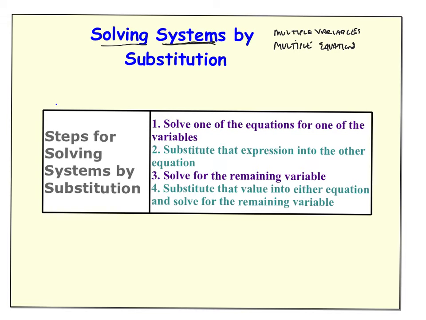These are your steps for solving by substitution. You're trying to isolate one variable, which means by itself. Then you use whatever that equals in the other equation. Then you're down to one variable, and you come back and solve for the other variable.